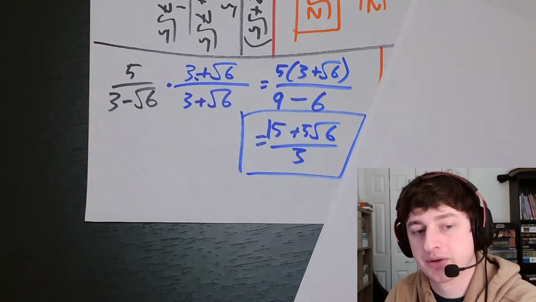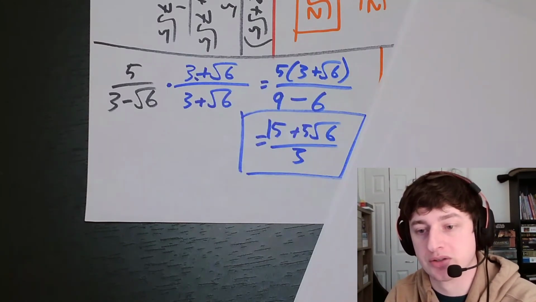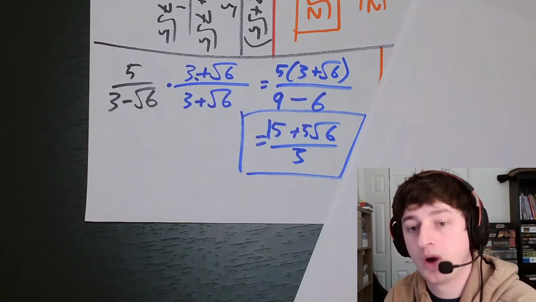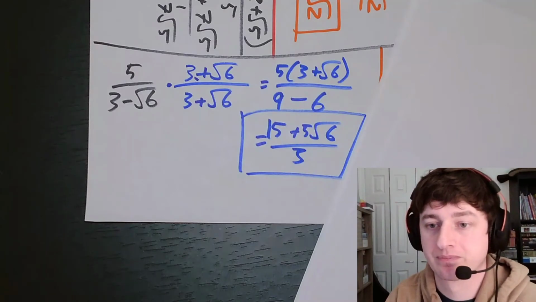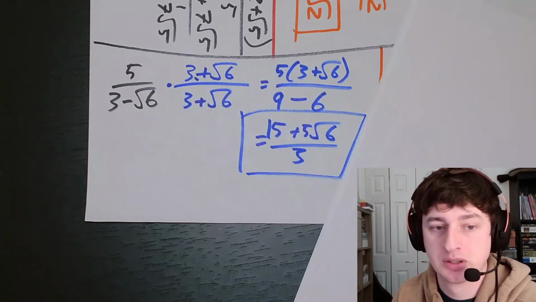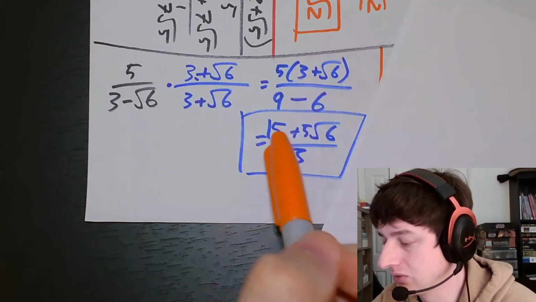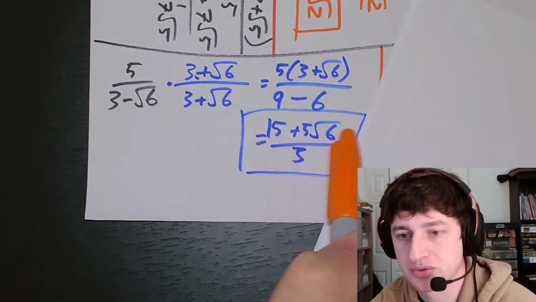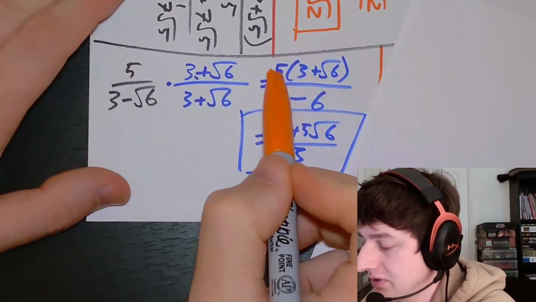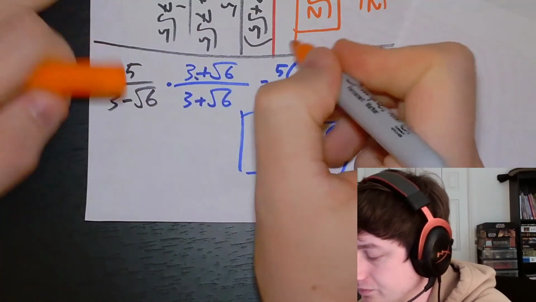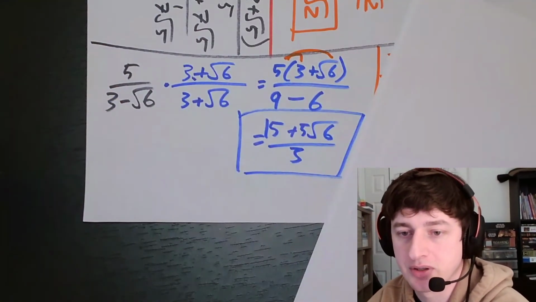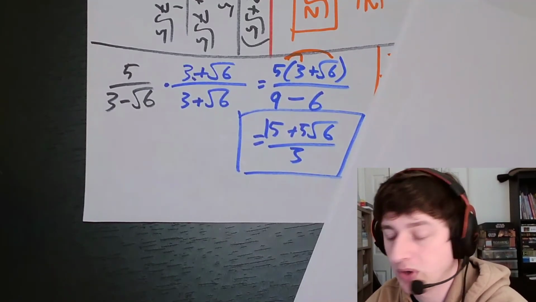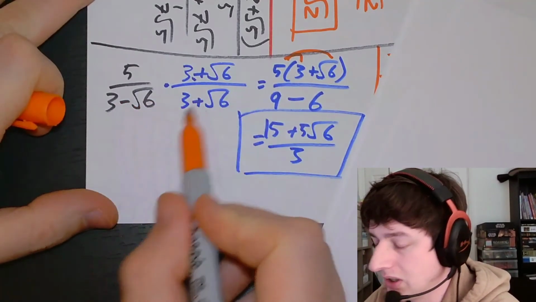the key here is 2 things. Recognizing what the conjugate needs to be, and then fully multiplying. Yesterday I saw a lot of, oh, you just get 15 root 6 plus 15 plus root 6. No. The 5 needs to multiply by the 3 and the root 6. You distribute it to everything. And we're actually distributing here to everything.